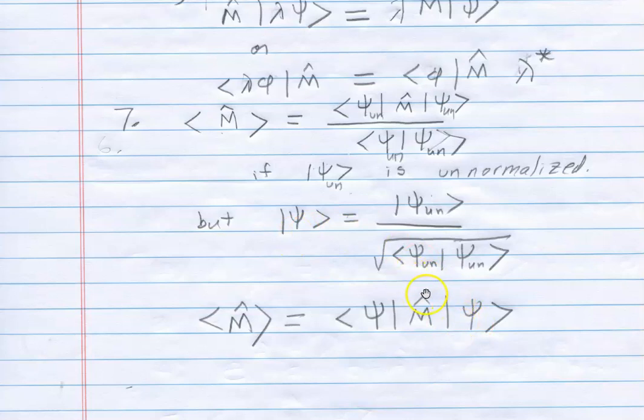And in those cases, when I know that I've got a normalized wave function, then the expectation value, like we've been doing earlier, is just the bracket of that matrix operator between the Bra and Ket for that state. Actually, both of these are useful, and sometimes we'll do it in this form, and sometimes when we've normalized our states, then we'll use this form here.